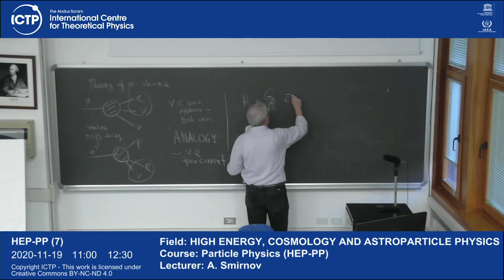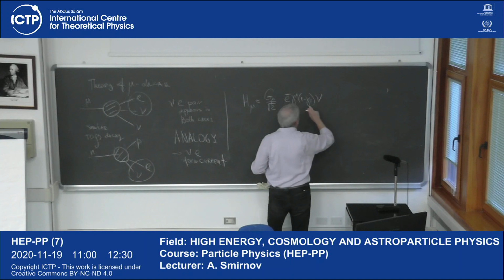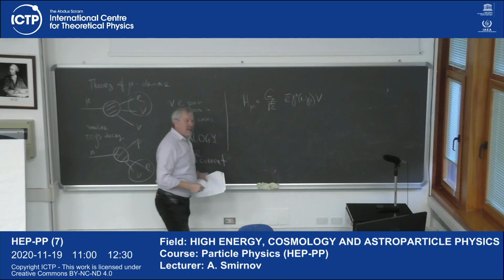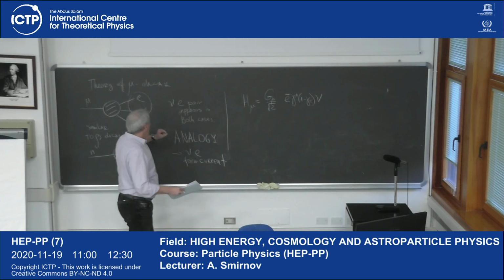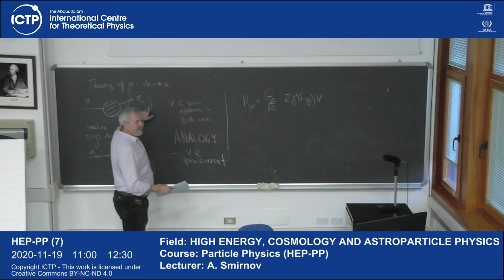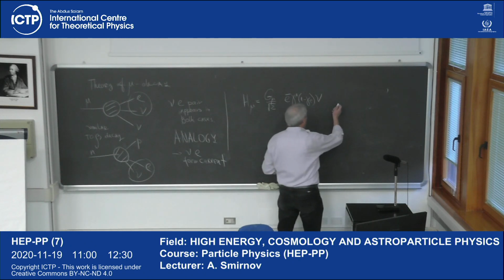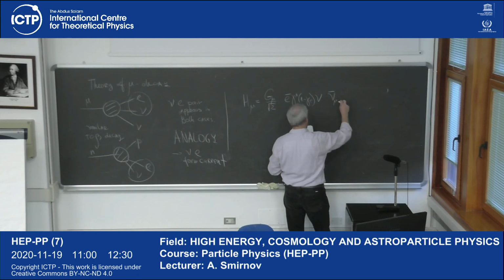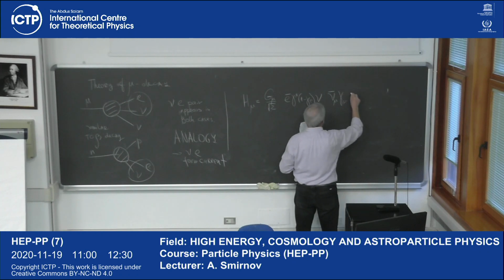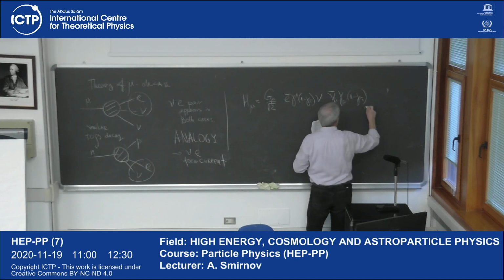Then we have the current which appears in beta decay, and I assume that actually the same current as in beta decay works here. And then from Lorentz invariance, I will write it in the form with the structure gamma_mu (1 minus gamma_5).